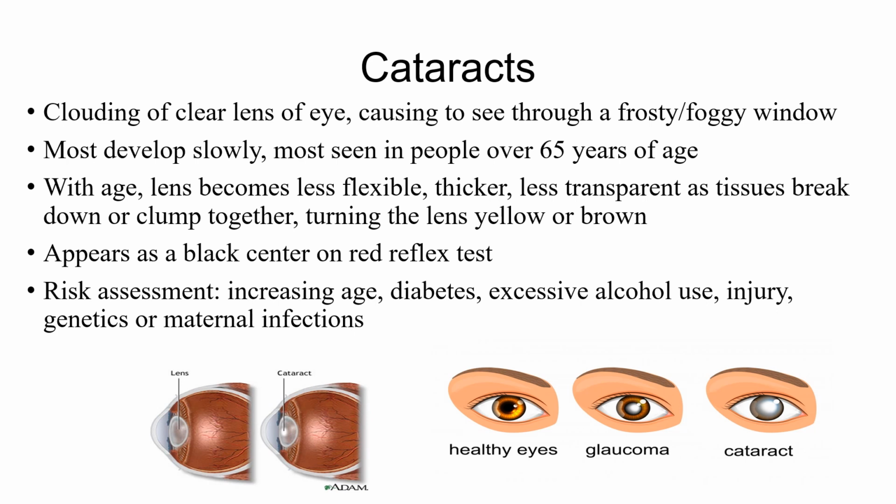When you're looking through a cloudy lens, everything you see is going to be cloudy, and it can develop slowly. It's common in patients over 65 as the lens becomes less flexible and transparent, and increased age, diabetes, alcohol, all those kinds of things can precipitate it. And you can see some of these pictures down at the bottom.